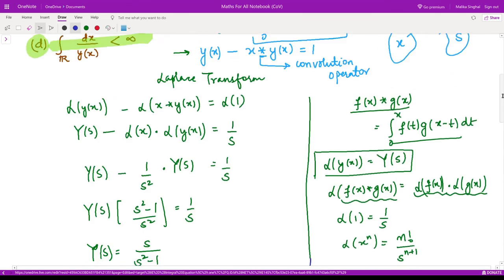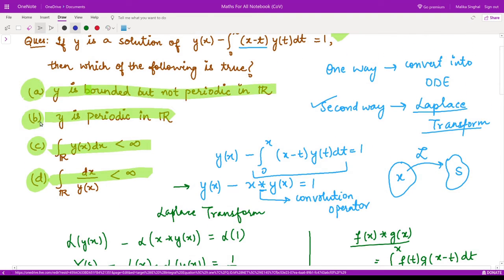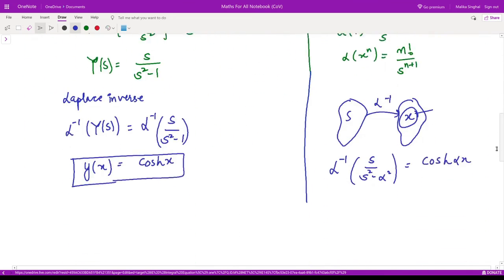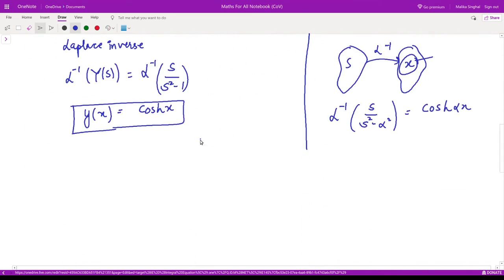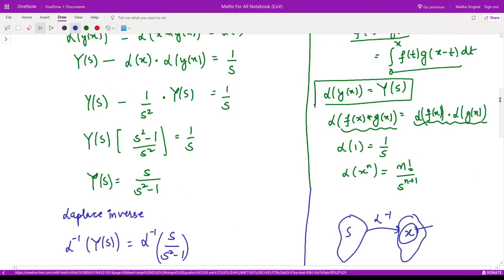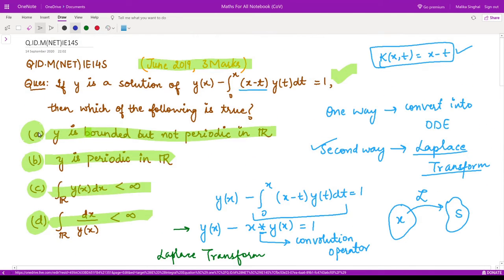Now in the question, what are they asking? They are asking whether this y is bounded and not periodic. Let us see. We all know the graph of cos hyperbolic x. It is of this kind, right? So clearly this is not bounded, so this option is discarded.